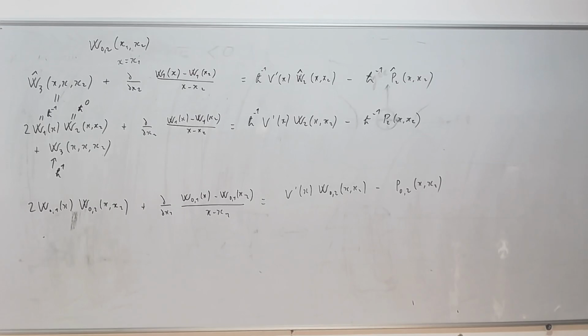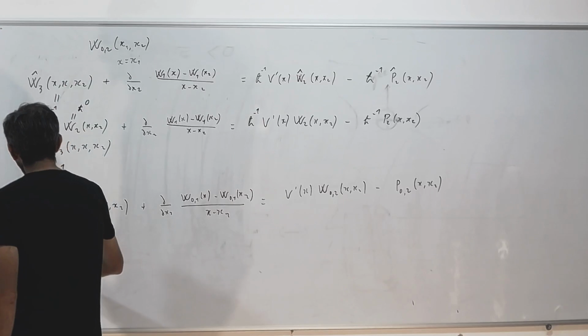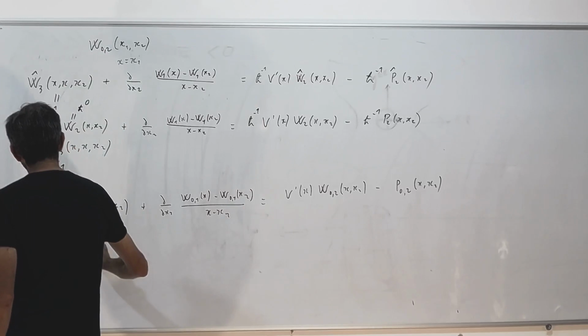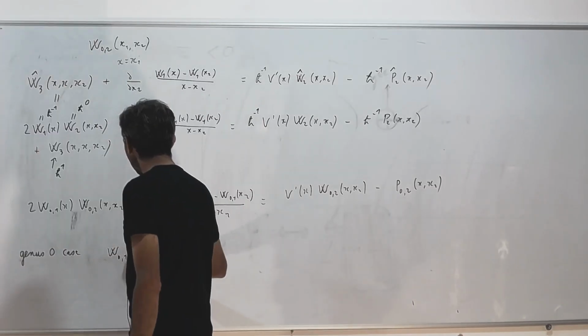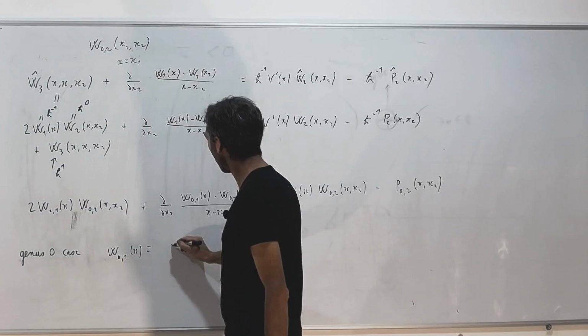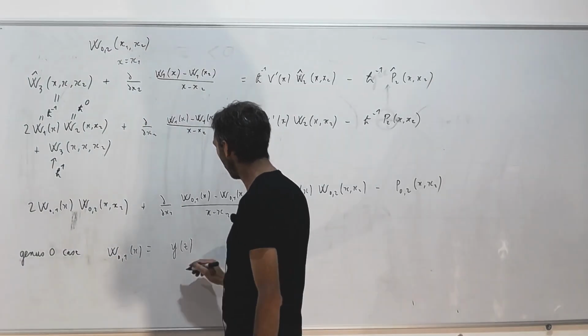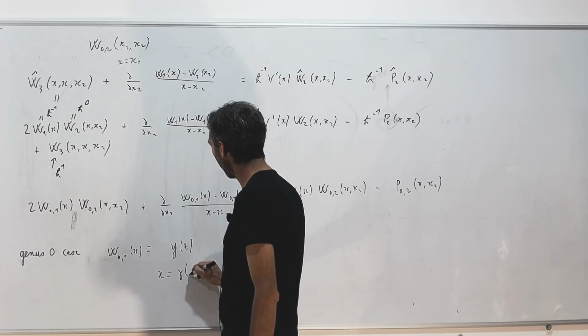In fact, solving this equation is very tedious, given the fact that I will show you the solution in a minute, which is much simpler than the equation. And so let's take the genus 0 case. And remember that W01 of x could be written as this y of z, with x being equal to gamma z plus 1 over z.